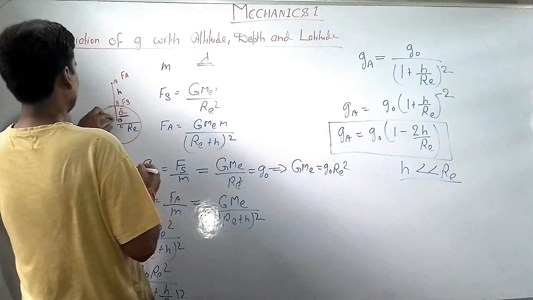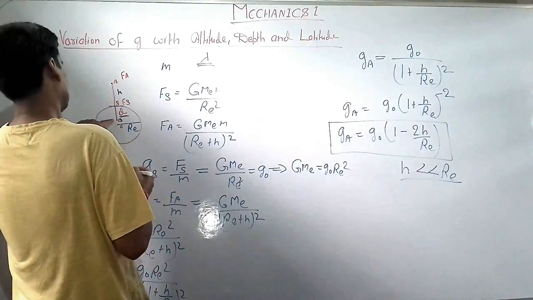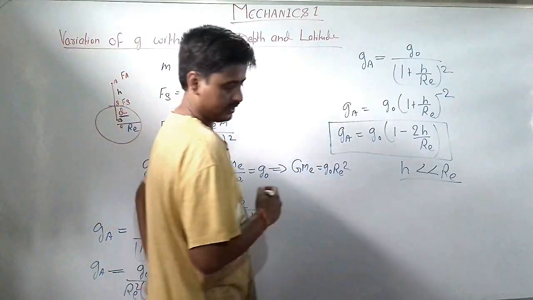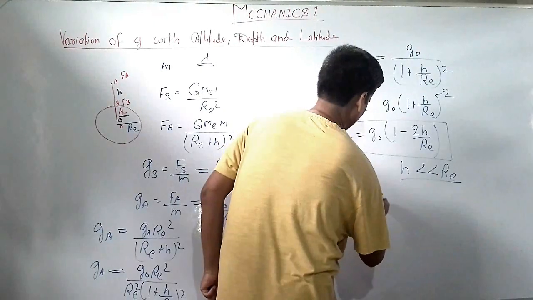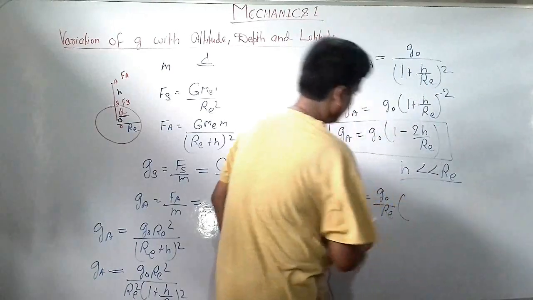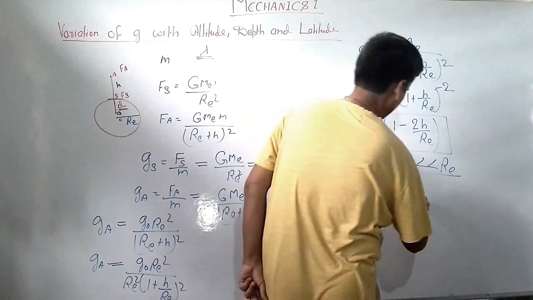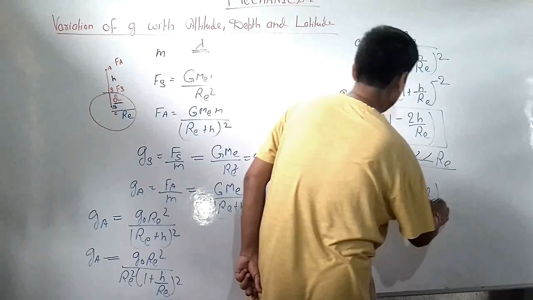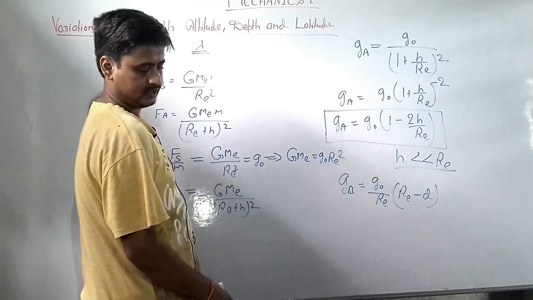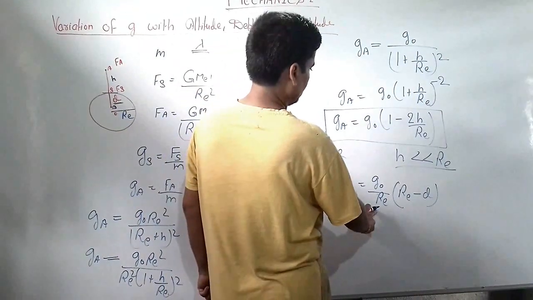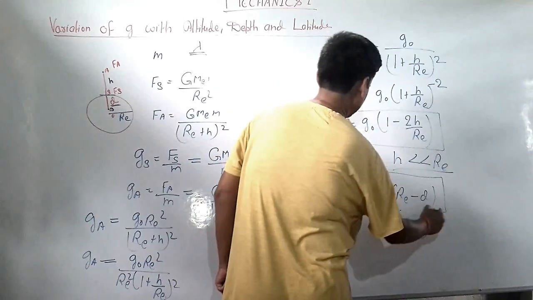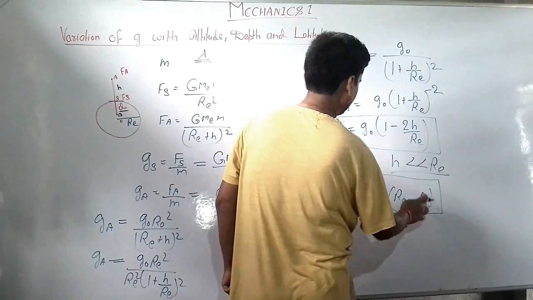Now in the same way we can find gravitational acceleration beneath the Earth's surface at depth d, and Gb is equal to g naught divided by R_e, times (R_e minus d). This is the gravitational acceleration inside the Earth at the depth d.